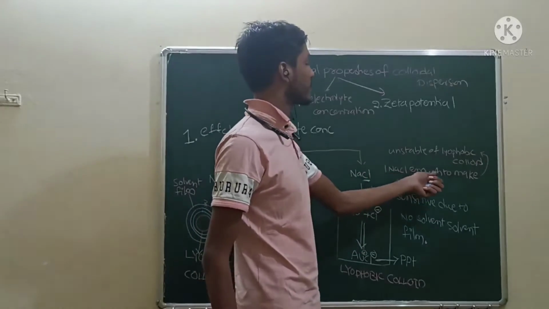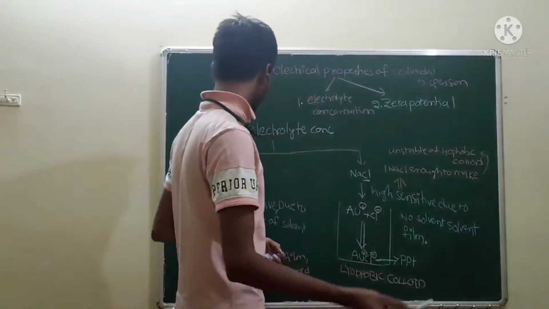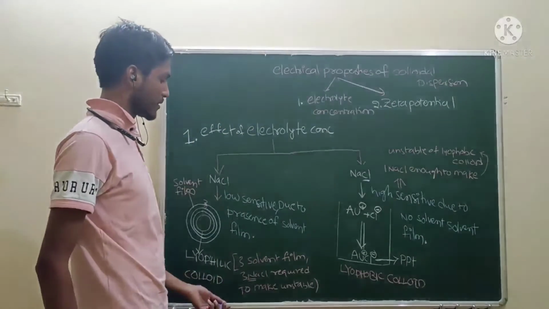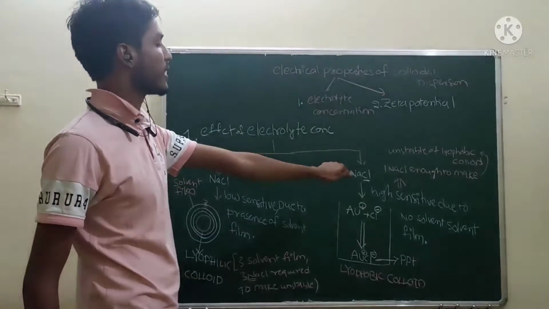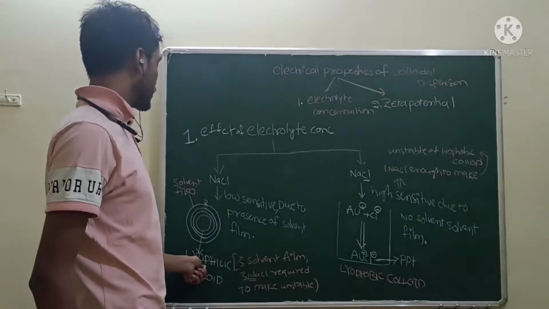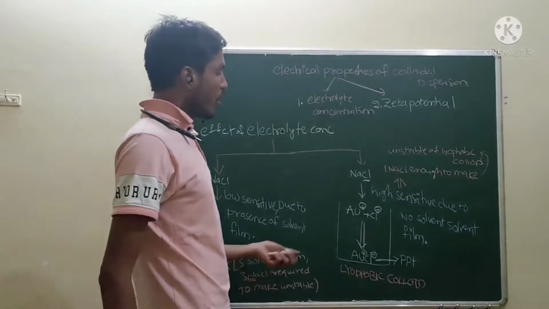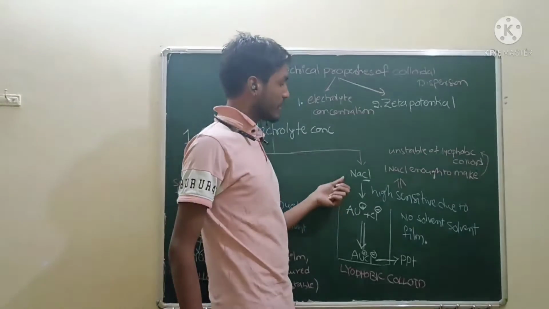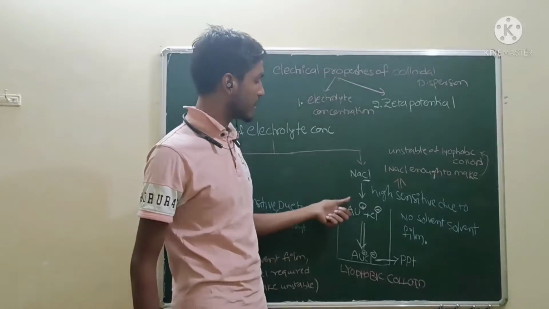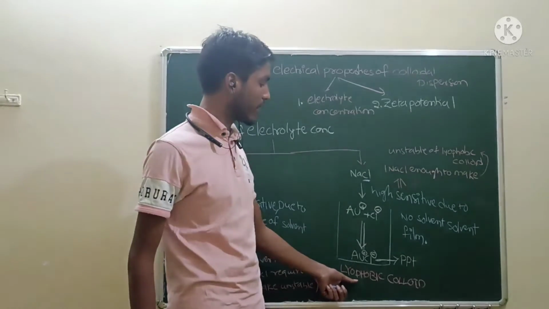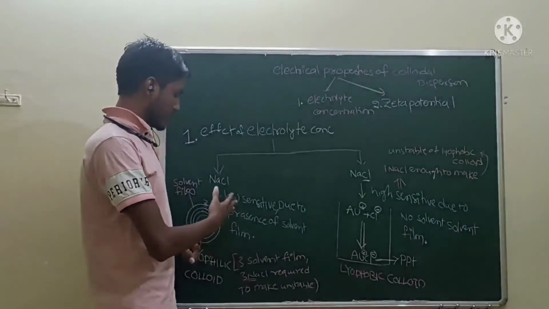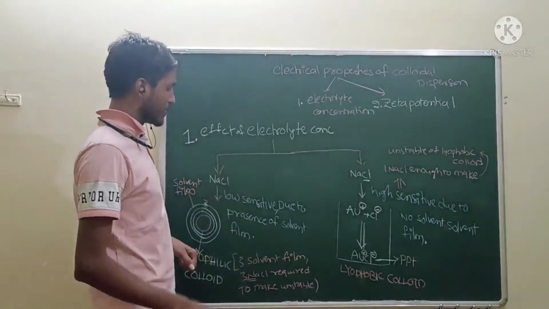Just one NaCl is enough to make the colloid unstable, while here 3 NaCl are required. So the lyophobic colloid is more sensitive compared to the lyophilic colloidal dispersion. So what can the pharmacist do? How can I stabilize this lyophobic colloidal dispersion?